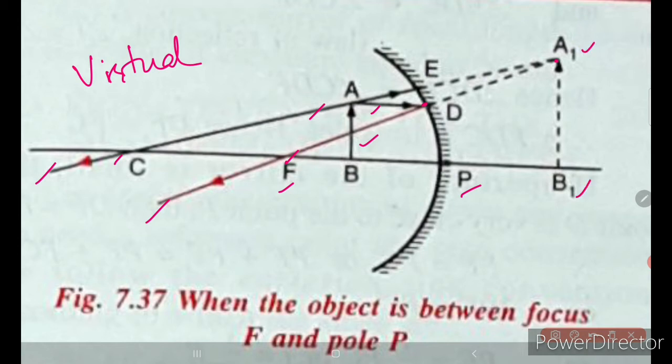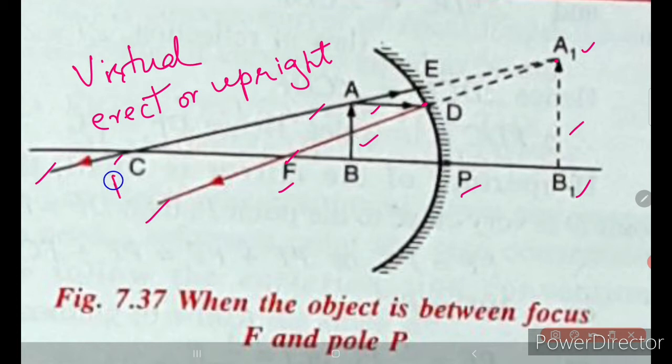If it is virtual, it needs to be erect or upright. Since it is bigger than the object, it is magnified, and at last it is formed behind the mirror.